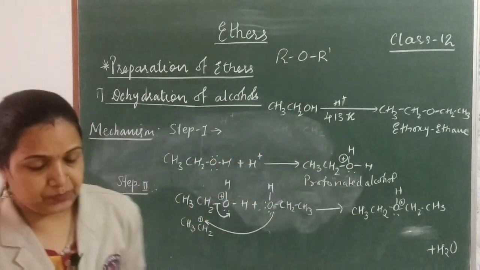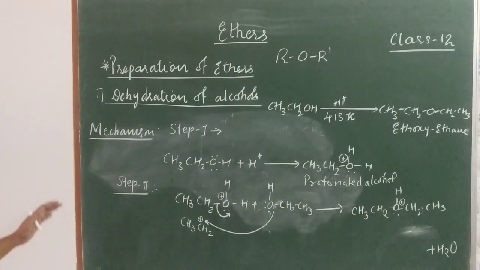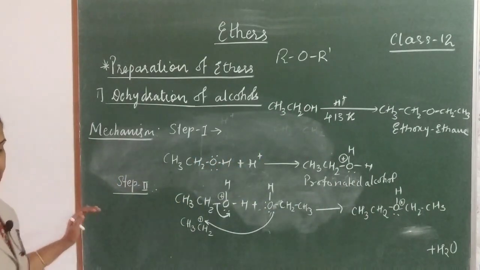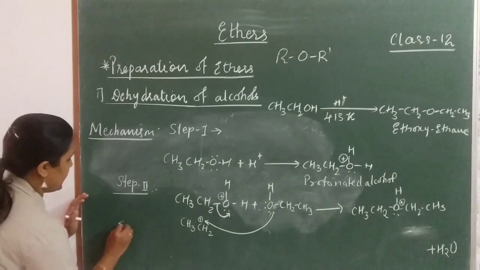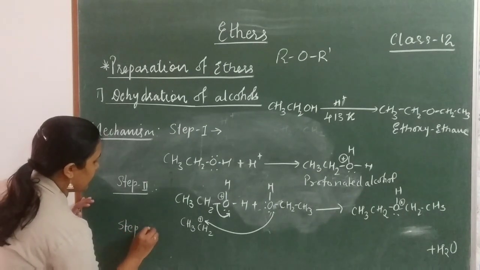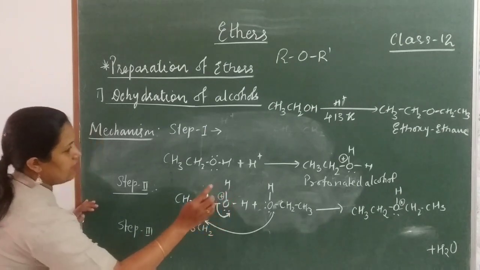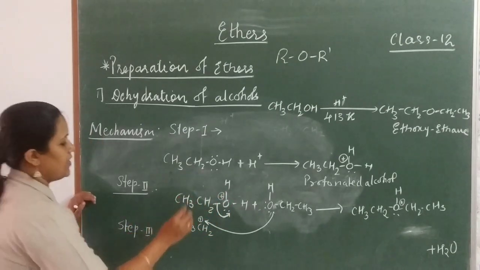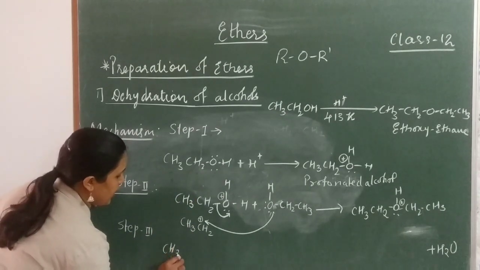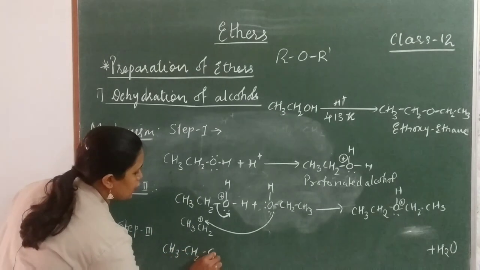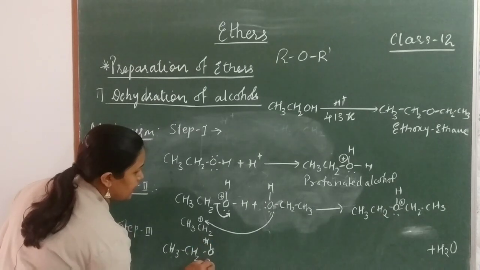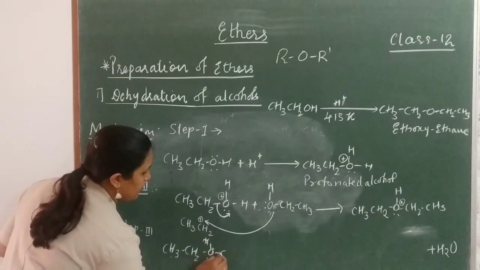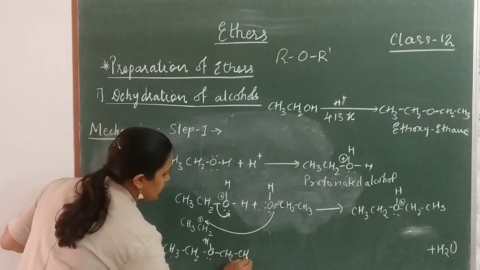In step 3, as we know, what is extra in that product? The extra is the H plus ion, so I will write it as CH3CH2O, here it is H with one lone pair, CH2CH3.